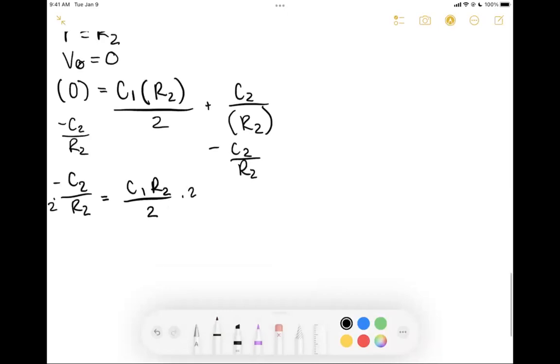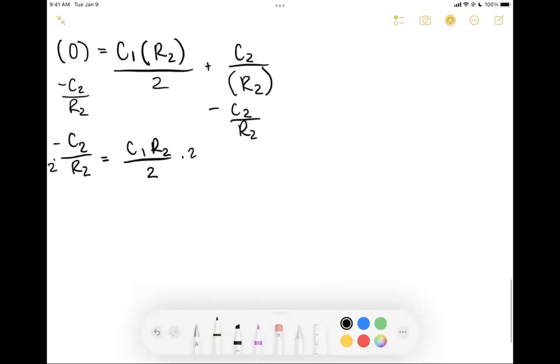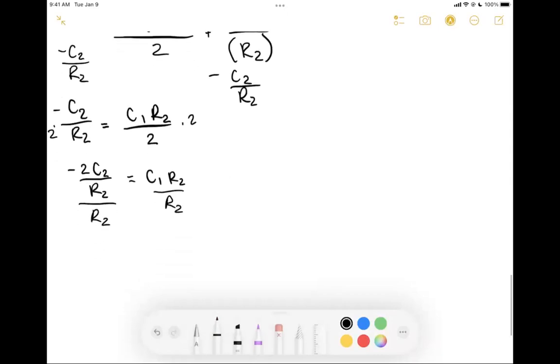Then you get negative 2C2 over R2 is equal to C1 R2. And last but not least, I'm just going to divide both sides by R2. And C1 ends up equaling negative 2C2 over R2 squared.